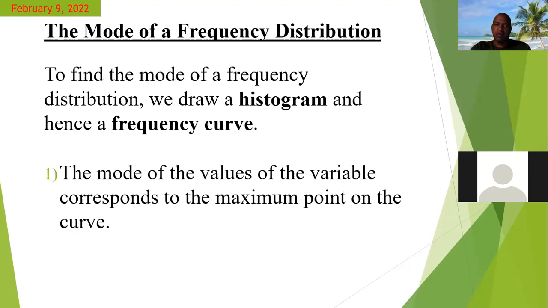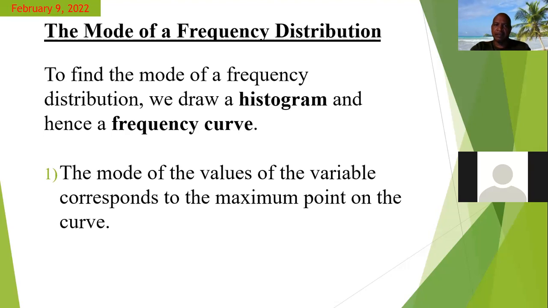All right, so the mode of the values of the variables corresponds to the maximum point on the curve. So to find the mode, you look at the maximum point on the curve. So it means that wherever you find the highest peak on the curve, that's where the mode is corresponding to.